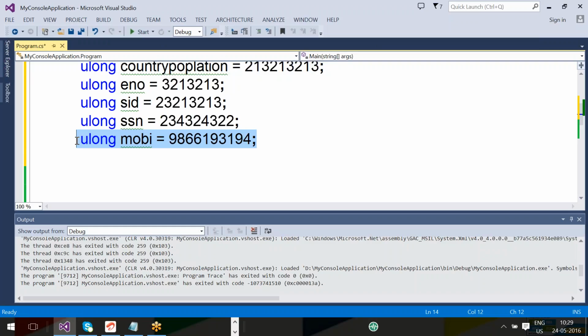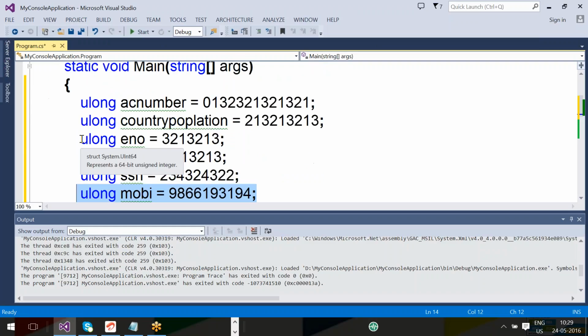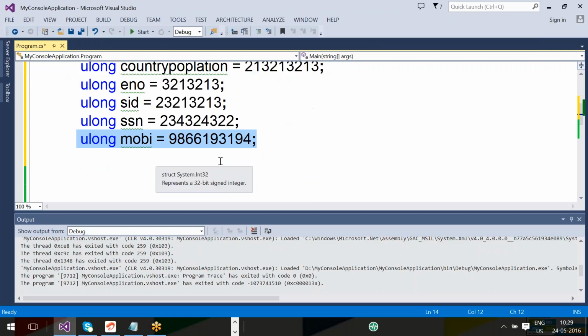But one or two girls told me they were given a program to write on a board, sometimes on a system. Very rare, but even then, if you write a program with appropriate data types, 100% marks to you, because everybody will declare int, but you will declare like this. So that is the story.